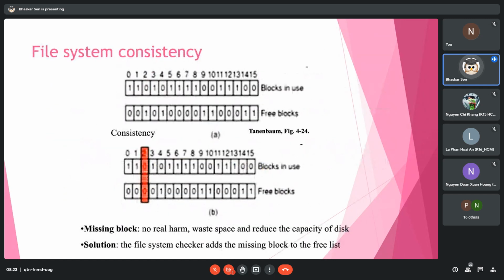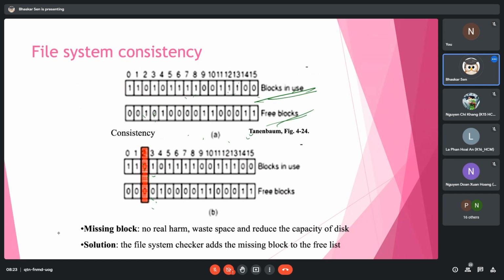This is consistency, not important very much. But if you see the patterns are the block in use and free blocks, they must pair with each other, because if it is in use, then later it will be free. So if you mark it one, then they actually maintain two tables where they must properly match.